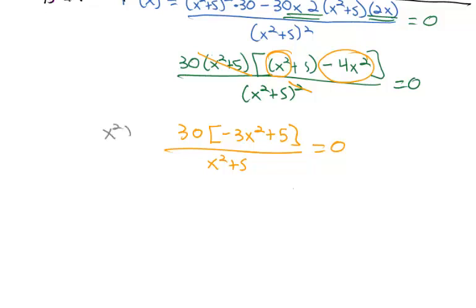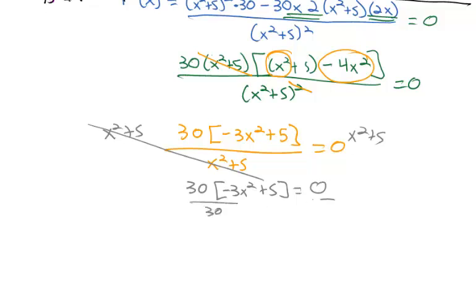Multiply by the denominator again to get rid of the fraction, x squared plus 5, gives us 30 times negative 3x squared plus 5 equals 0 times anything is 0. And we're going to divide by the 30 to get rid of that number. Now we have negative 3x squared plus 5 equals 0.